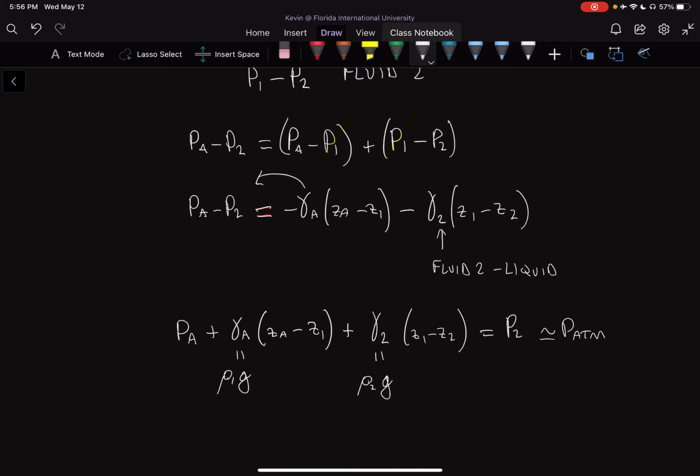I always like to travel from left to right. Some people like to travel always from gauge to the measured system. It really doesn't matter. You just have to follow one technique. If you went from left to right, you would write PA minus PB. If you went from right to left, you would write PB minus PA.